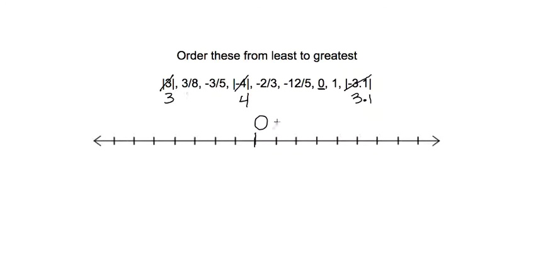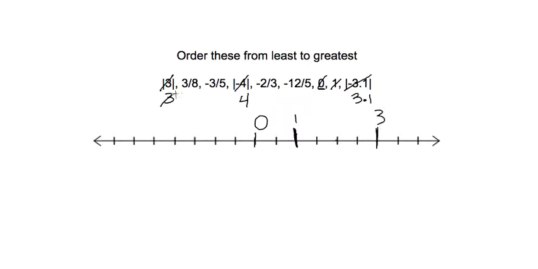So we'll plot 0, so we got 0 done with. Now we have 1 also, so let's go ahead and plot 1. Fairly easy. If we plot all of our positives, it'll make it a little bit easier because it'll narrow down our negatives here. And our whole numbers are first because they are the easiest. So if 2 of these here is equal to 1, then we would have 2 here, and 3 would be right here.